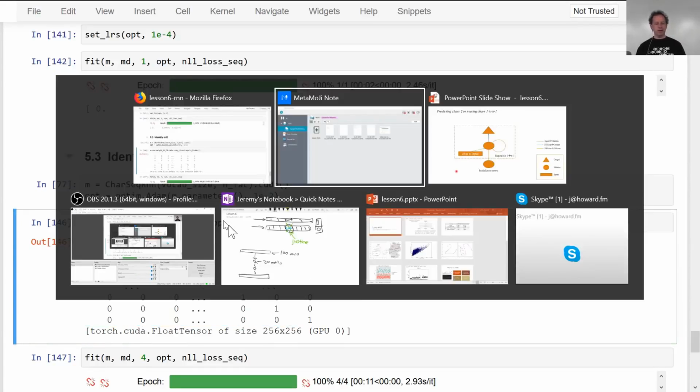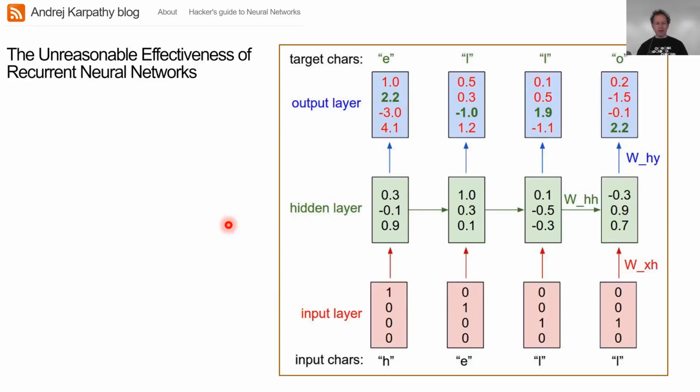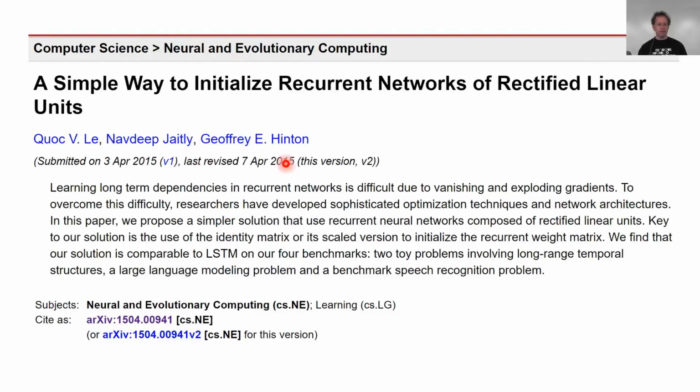This was actually a Geoffrey Hinton paper, from 2015. After recurrent neural nets had been around for decades, he said, hey gang, maybe we should just use the identity matrix to initialize this, and it actually turns out to work really well.